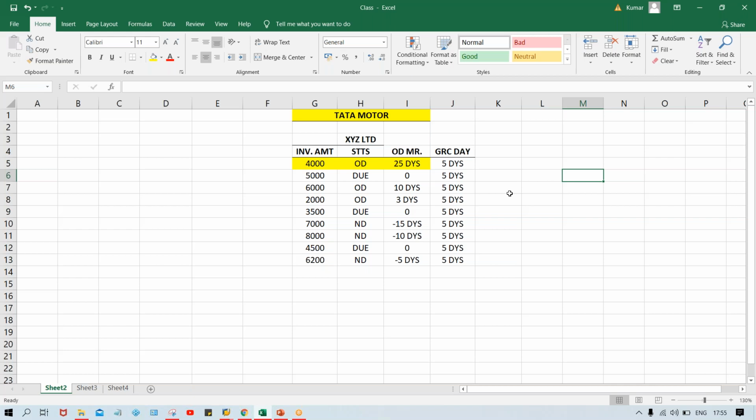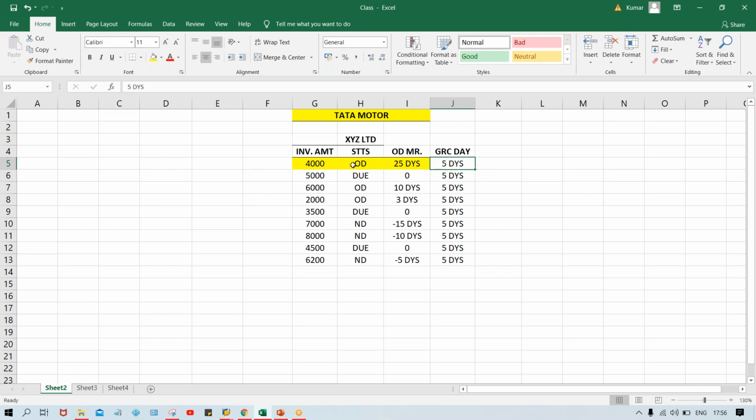We are not going to escalate the matter immediately the moment it becomes due. We are going to wait for 5 days or 7 days, whatever it is. That agreement is going to be between the customer and Tata Motors. So if they have given 5 days, then 5 days is going to be treated as a grace period. It means Tata Motors will wait for the payment for 5 days.